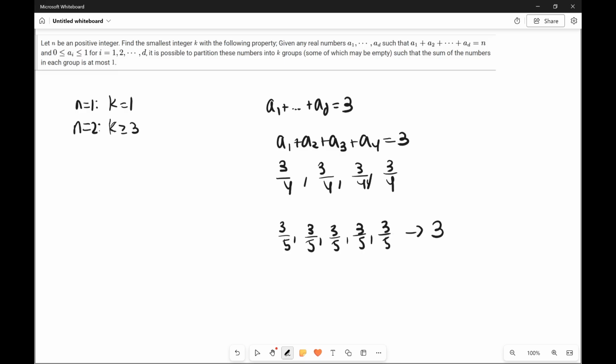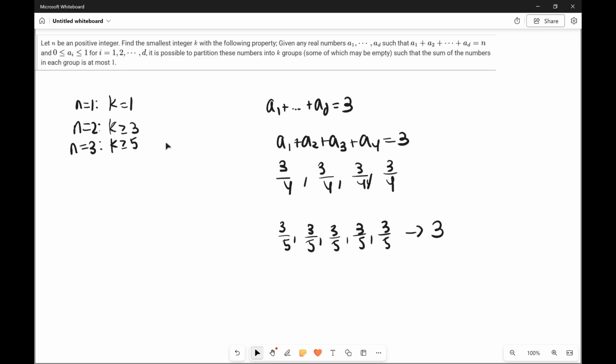That will also give 3. But each one must go inside its own group because otherwise the sum is 6/5, which is greater than 1. And so for n equals 3, we have k is greater than or equal to 5. And this is the furthest we can go because when we get to 6, we just get the 1/2 case again.